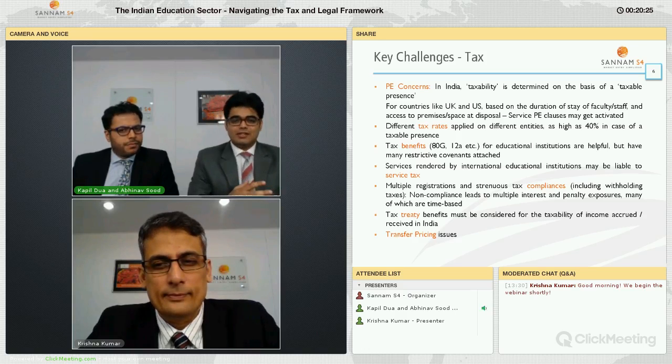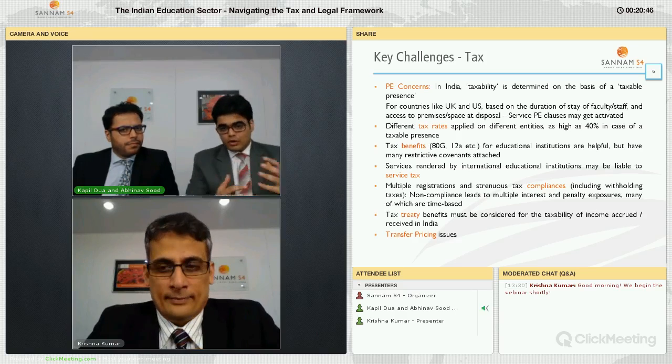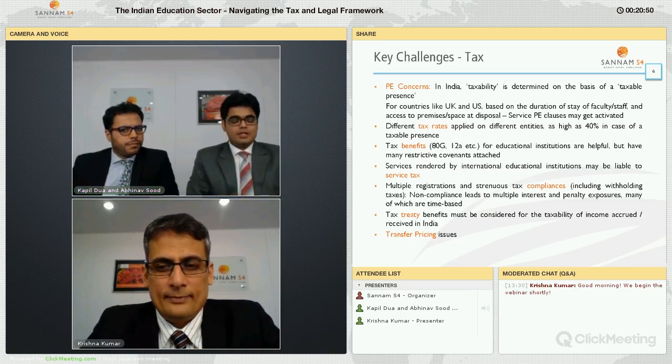If you have the 80G registration or the 12A registration, the 12A registration says that you need to flow back your surplus or profits into India. So there lies a key conundrum: how do you take profits out of India when your registration requires that everything be put back into India? You need to plan around it so as to enable tax efficiency.